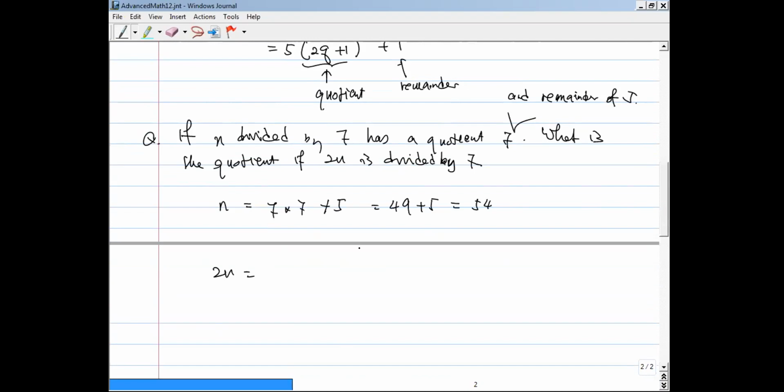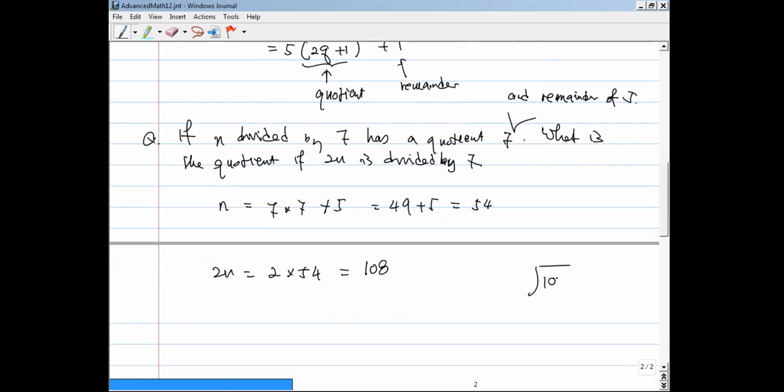Now, I will show you a different way, not using this method. So it'll be 2 times 54. It's going to be 108. Then you have to divide by 7, and you have to do the computation.